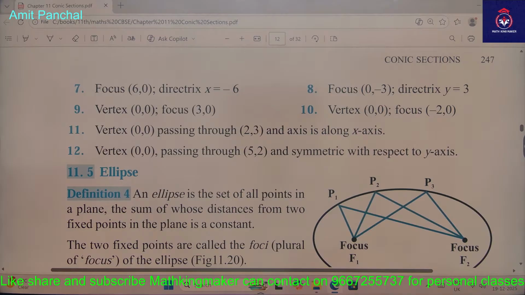So 2 square equals to 4a. So a equals to 1 by 5. y square equals to 4a, 1 by 5. y square equals to 4... Oh, no. Oops.